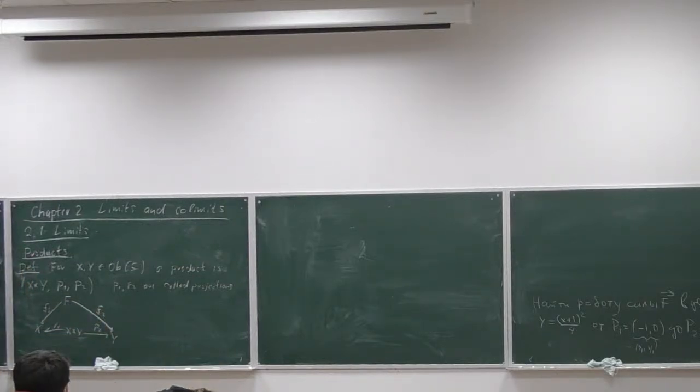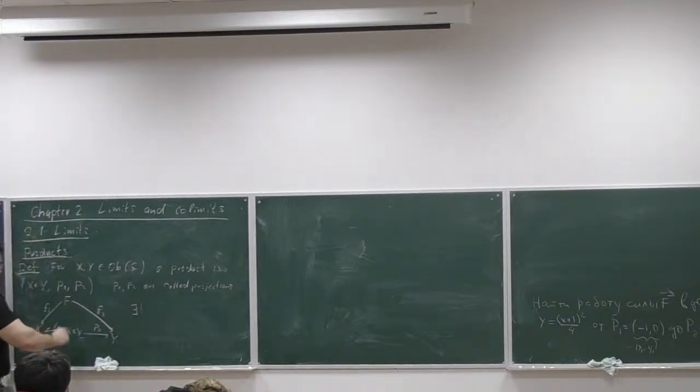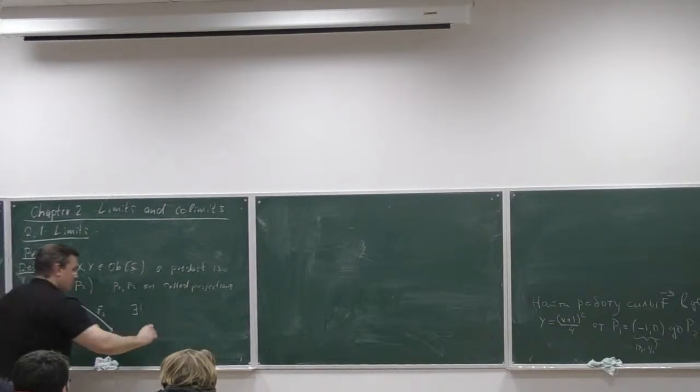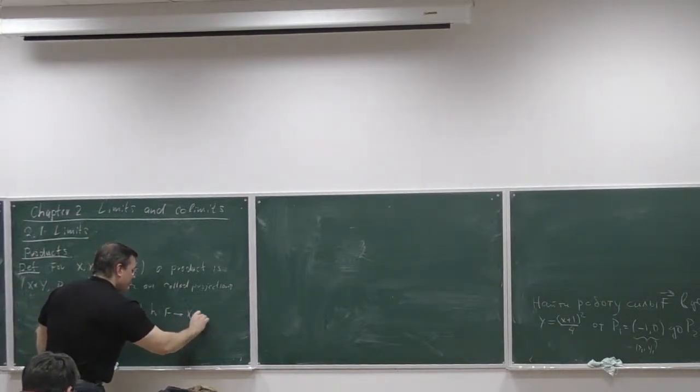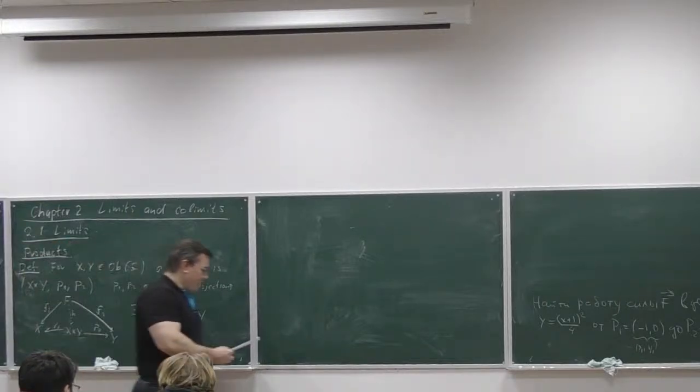So this is more or less the same data that we have here: an object and two maps, to x and to y. Then for this situation, there is a unique map, let's call it temporarily h, from f to the product, such that these two triangles are commutative. So that's a formal definition of a product.